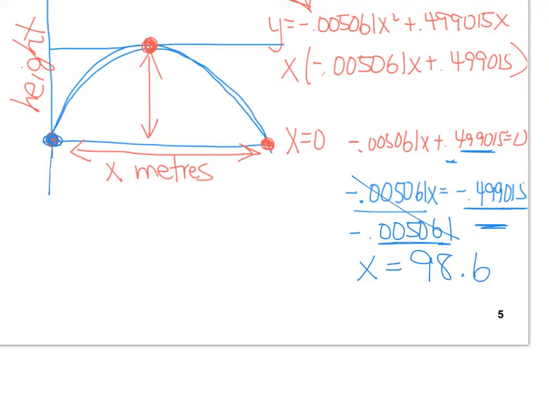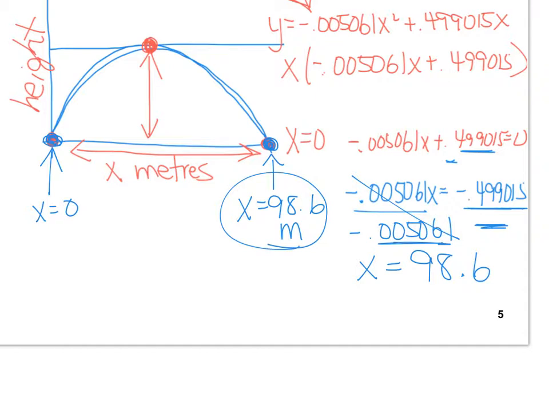So that one has a value of x equals 0, and that point right there has a value of x equals 98.6. So they are 98.6 meters apart.